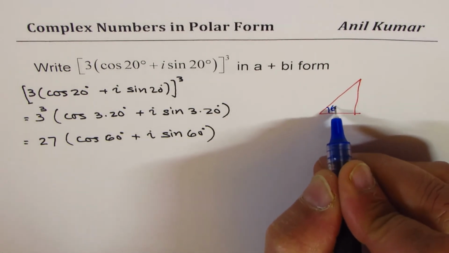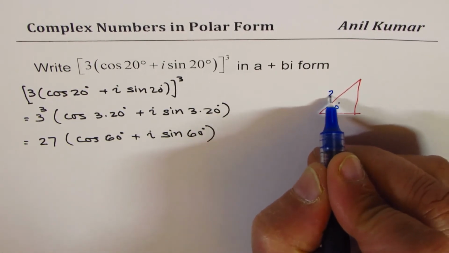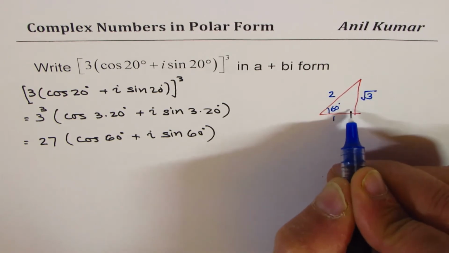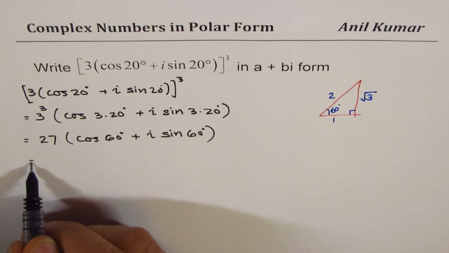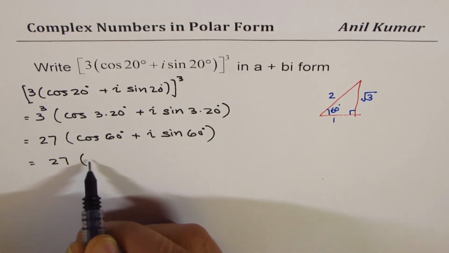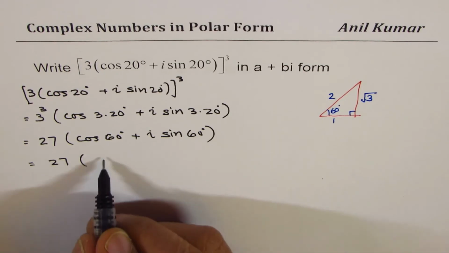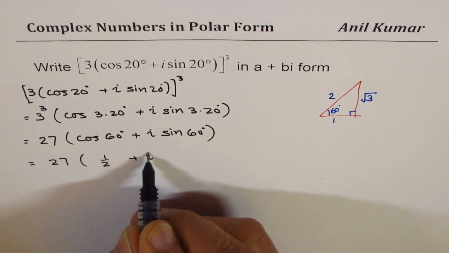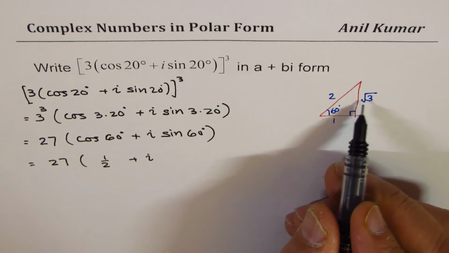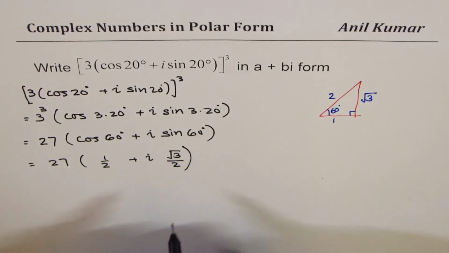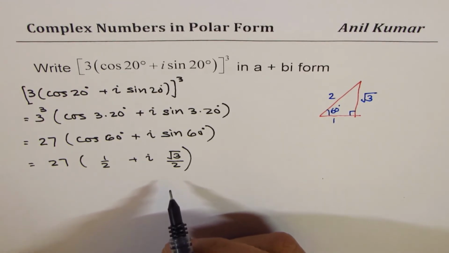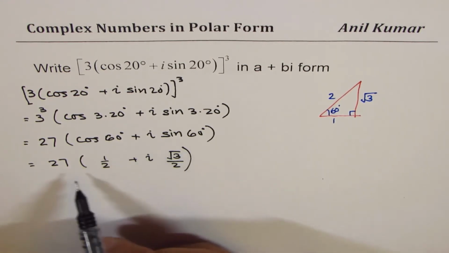For 60 degrees, we have the sides 1, 2, square root 3. Using these values, we can write it as 27 times cos of 60 degrees, which is half, plus i sine of 60 degrees, square root 3 over 2. So now it is in a plus bi form.